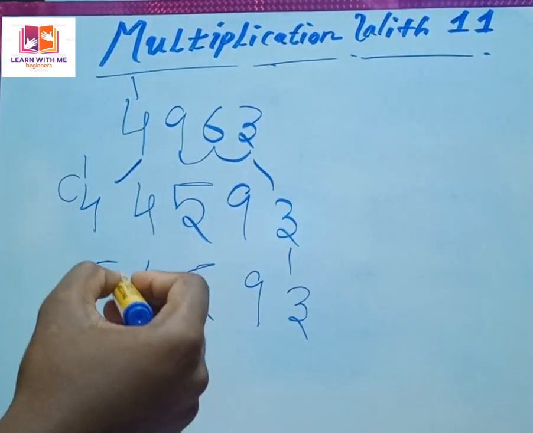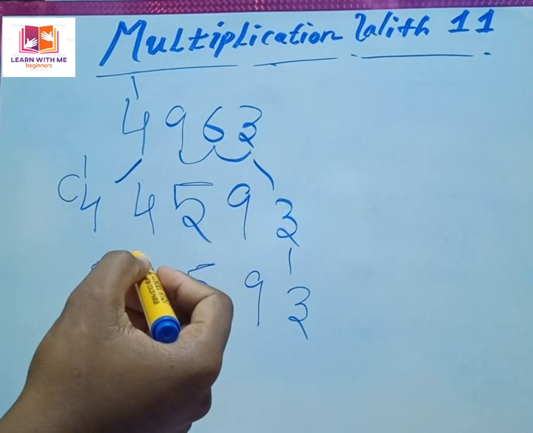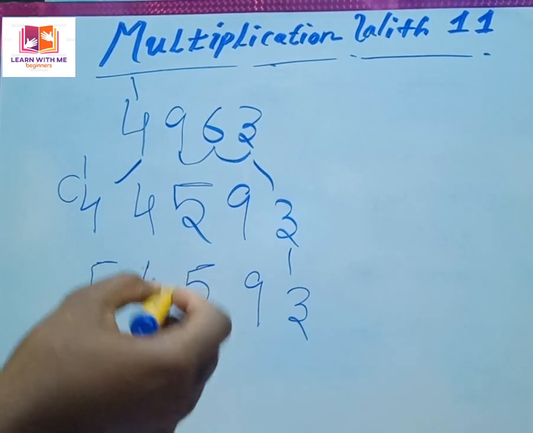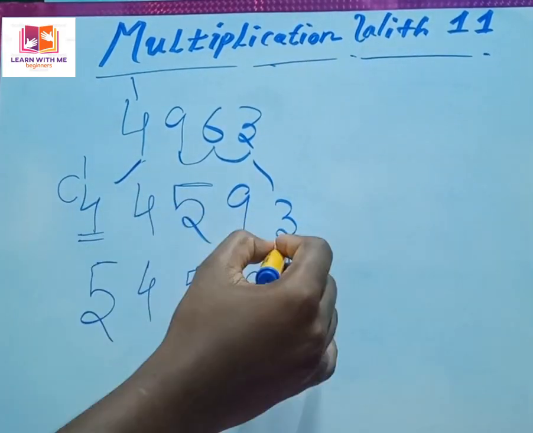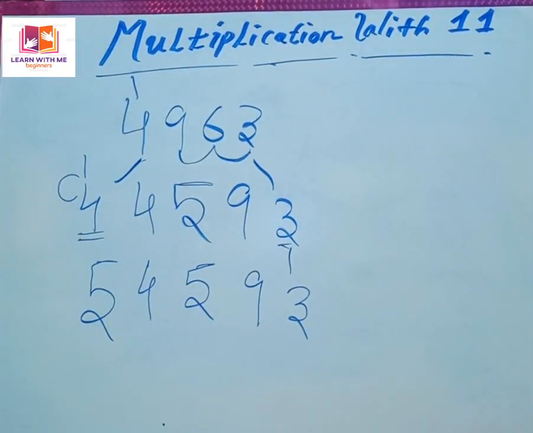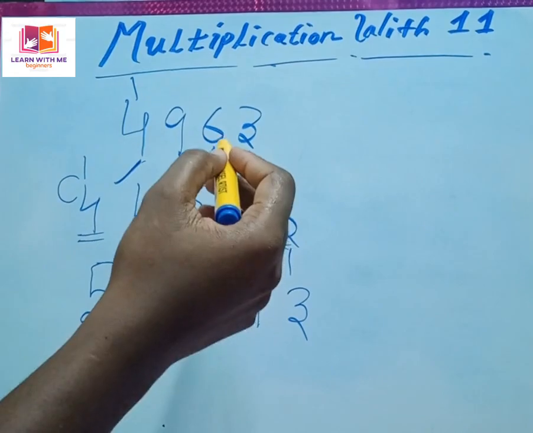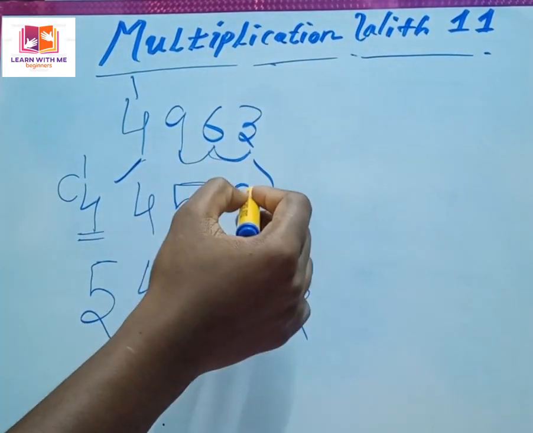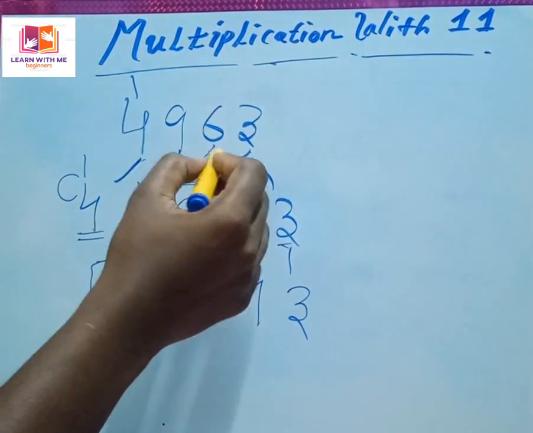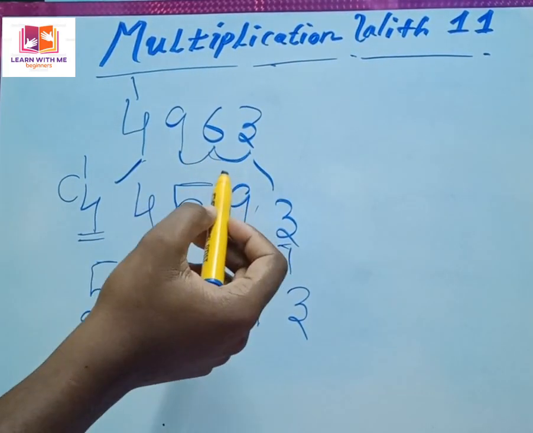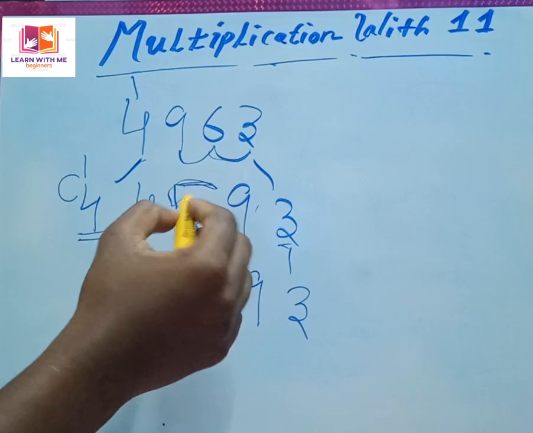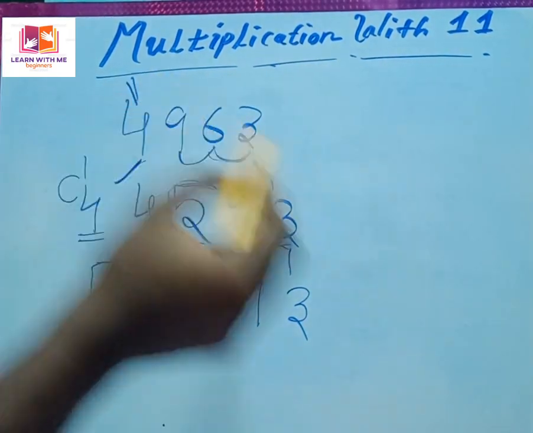Let me tell you again, because for some students it might be a little confusing because we have carries over here. First you write the unit digits in their respective places, then add these numbers together. 6 plus 3 is 9, 9 plus 6 is 15, so 5 here and carry 1.